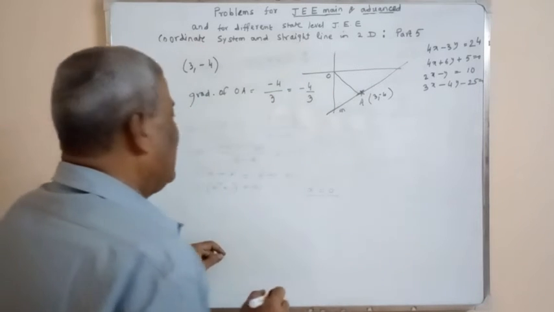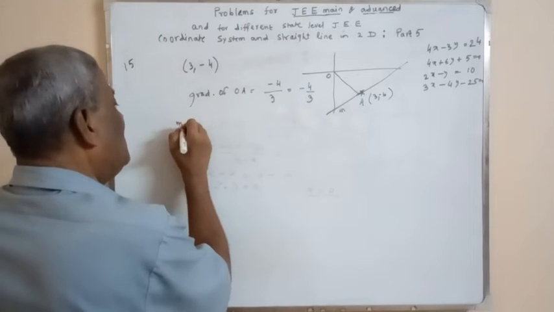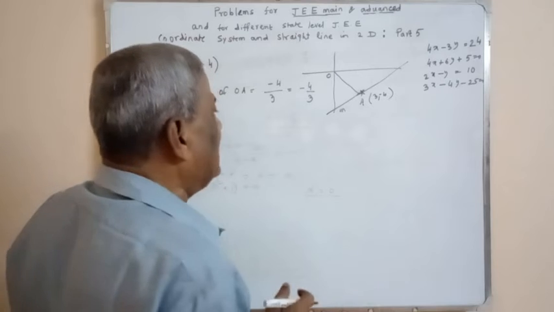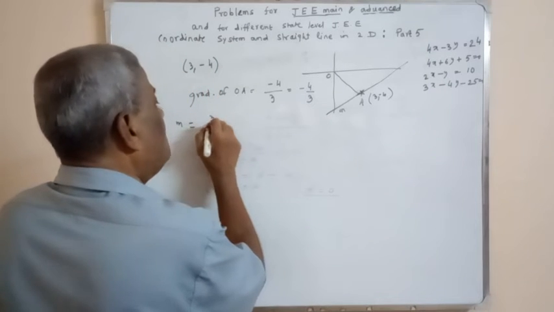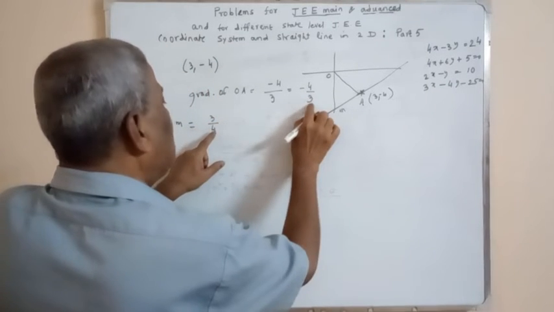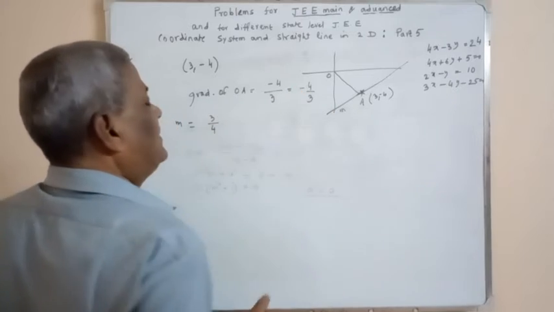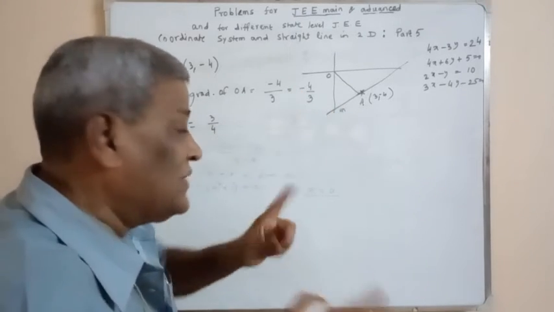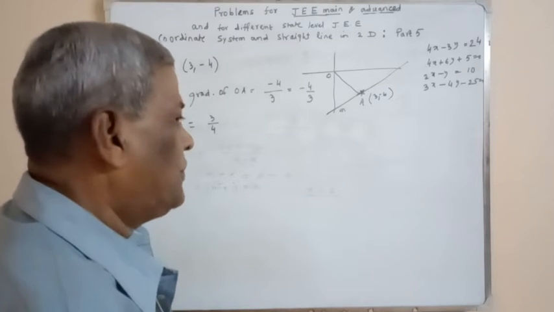So clearly, gradient m will be such that their product is minus 1. So it is 3 by 4, because you see their product is minus 1. So the gradient of the required straight line is 3 by 4.